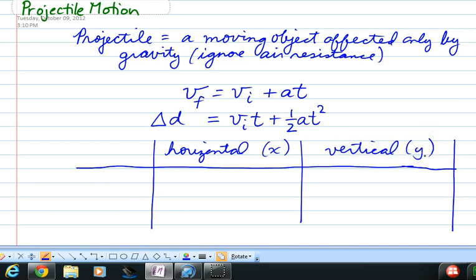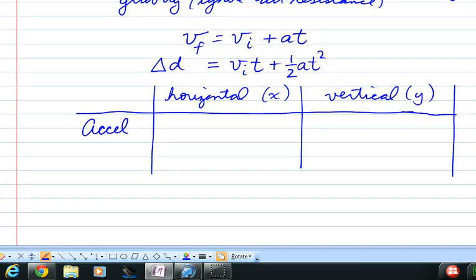And we're going to be considering the acceleration of the object. We're going to be looking at the velocity of the object, and we're going to be looking at the position. Now, position is another word for displacement in a way.